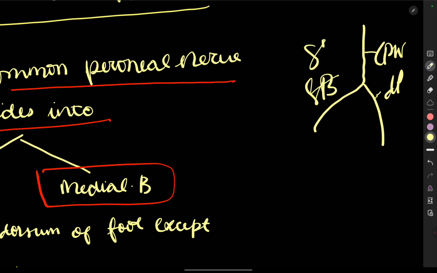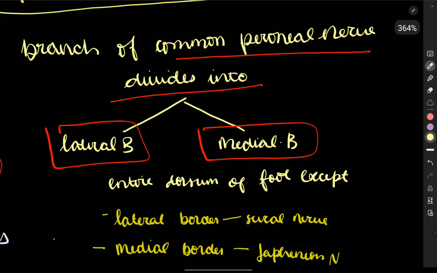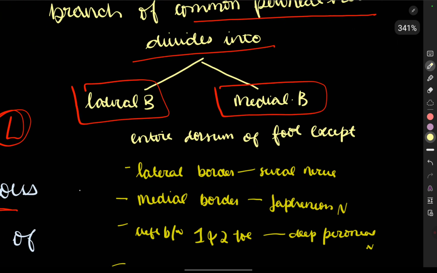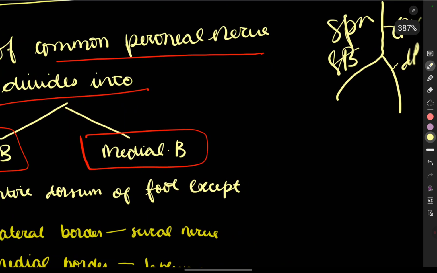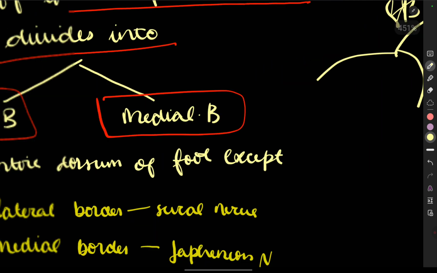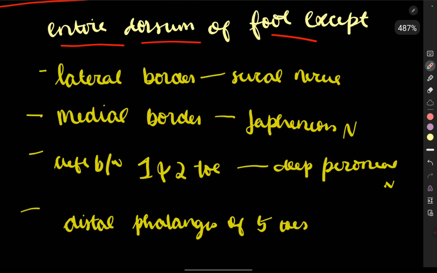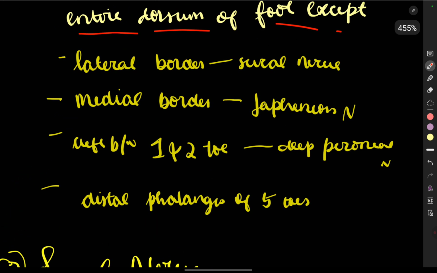Since we are studying the superficial fascia, the superficial peroneal nerve divides into a lateral part and a medial part, and it supplies the entire dorsum of the foot, except for these four areas.